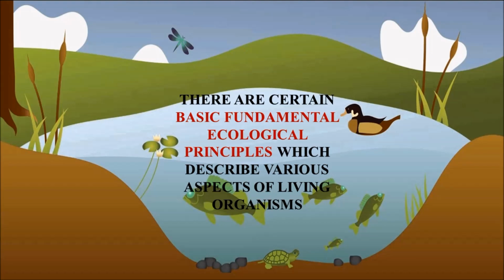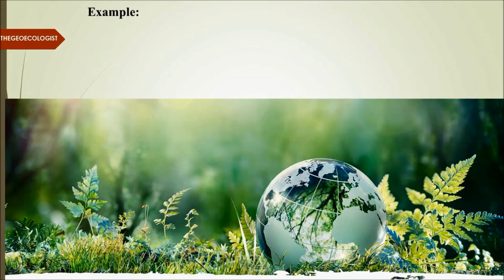That's why it is important to understand them. For example, we are going to look at certain examples, certain quotations, which are the basic fundamental things involved in ecological studies. So first is adaptation of species.